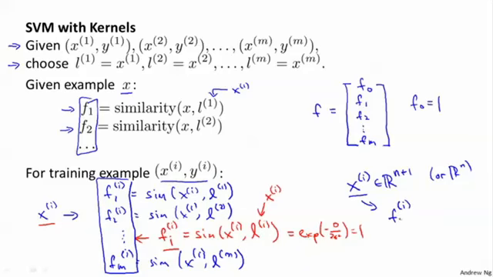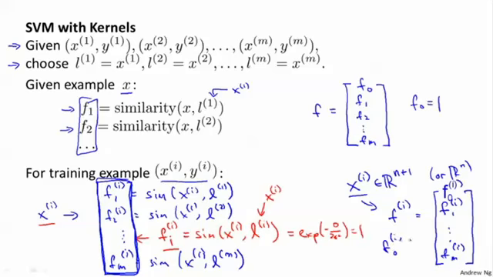I'm going to write this as f superscript i, stacking all of these into a vector: f1i down to fmi. And usually we'll also add f0i, where f0i is equal to 1. And so this vector gives me my new feature vector with which to represent my training example.